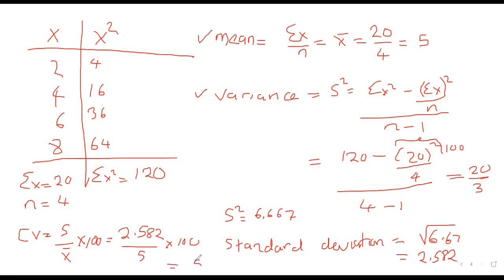We get 51.64%. So this is what is called ungrouped data.